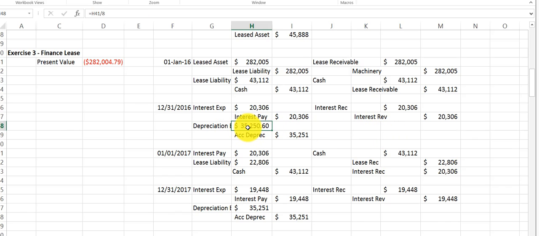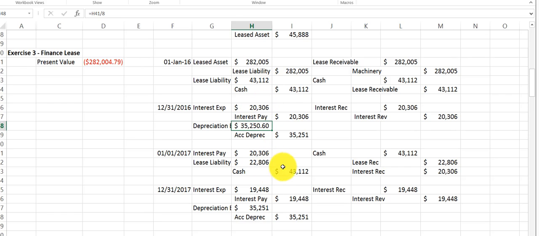This time we use the lease term because instead of a transfer of ownership, the assumption is that we will give back the asset at the end of the lease term. So we're only going to depreciate it over the 8 years, not the useful life.